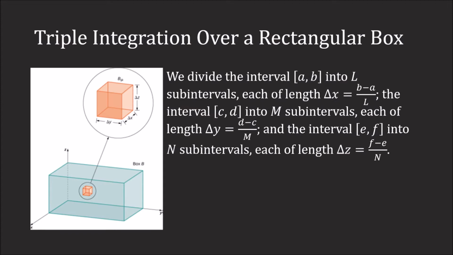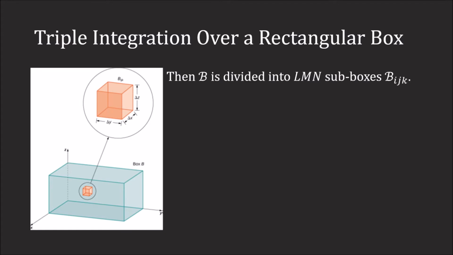We divide the interval [a,b] into L subintervals, each of length delta x equals (b minus a) over L. The interval [c,d] into M subintervals, each of length delta y equals (d minus c) over M. And the interval [e,f] into N subintervals, each of length delta z equals (f minus e) over N. Then B is divided into L times M times N sub-boxes, B sub i,j,k.